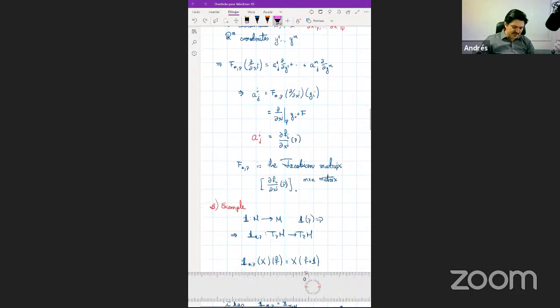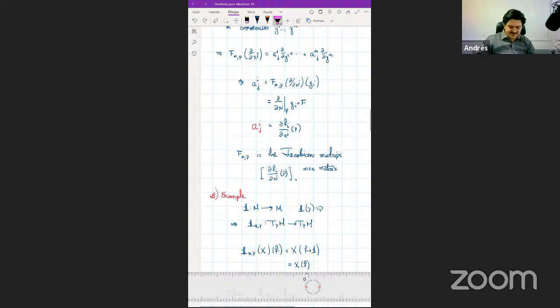So let's do the definition. I take a germ of functions at P, and then I apply this. I have here the definition. But F composed with the identity is exactly F. So we have it here. That's the differential.